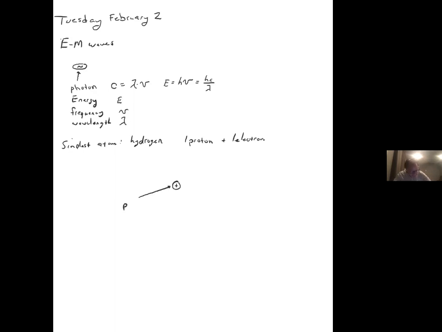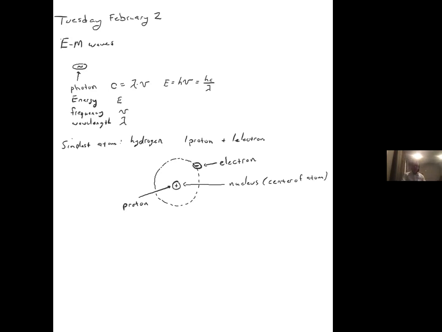So there's our proton. Remember, the proton is positively charged. And the electron, we can think of as a negatively charged particle that's in orbit around the proton. So this will be our negatively charged electron. Okay, so proton, electron. The proton is in the center. And if something is in the center, we call it the nucleus. So this is the center of the atom.